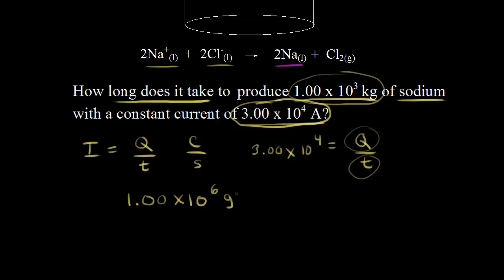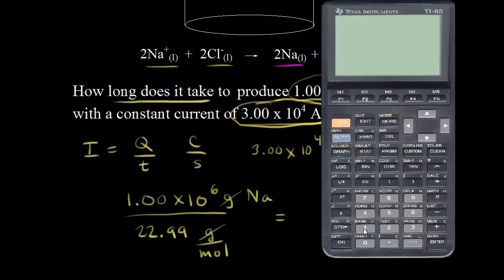Next, we could find the moles of sodium that we're trying to produce. If we have grams of sodium, how do we figure out moles of sodium? We divide by the molar mass of sodium, which is 22.99 grams per mole. If we divide by the molar mass, the grams cancel out and we get moles of sodium. So let's get out the calculator.